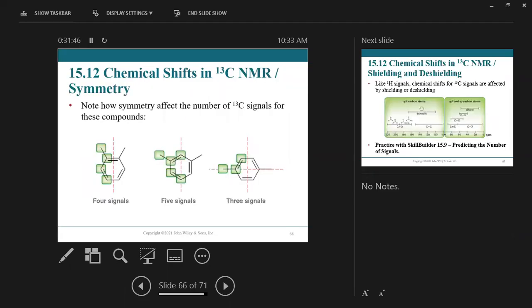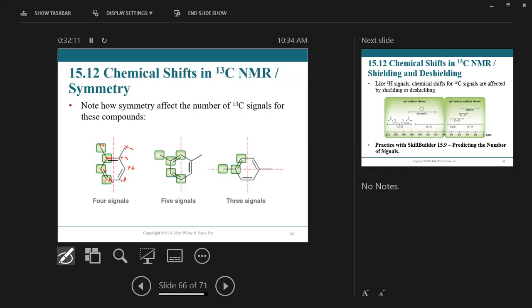So, knowing how symmetry affects the number of carbon-13 signals for these compounds. Here we have 4 different signals because these are equivalent on this side, right? If I call this A, this should be A, B, B, C. These are all equivalent.